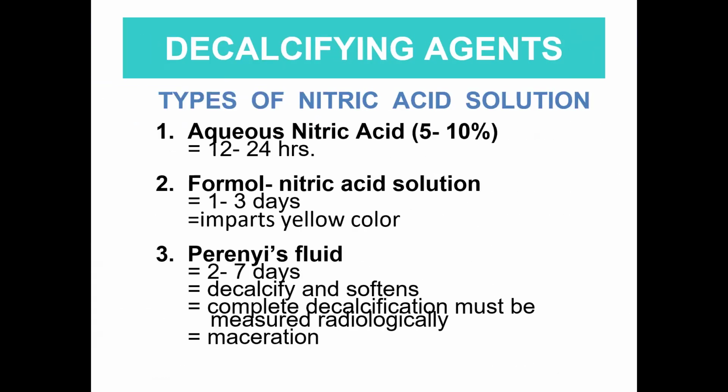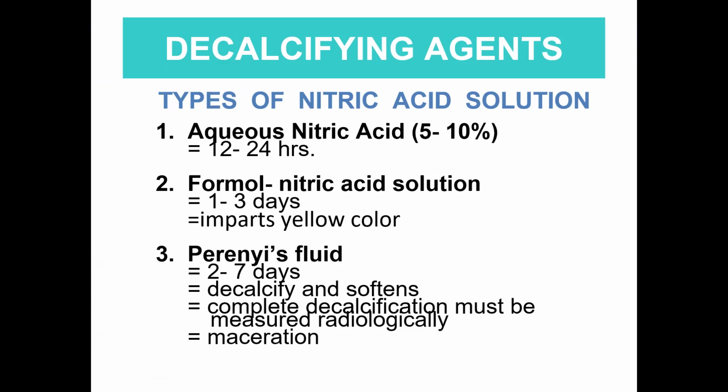We have here the types of nitric acid solution. You have your 5 to 10% aqueous nitric acid, which has a 12 to 24 hours decalcification time. Also, formal nitric acid solution, which imparts yellow color, has a 1 to 3 days decalcification time. You also have Perenyi's fluid, which decalcifies and softens altogether, with a 2 to 7 days decalcification time. Complete decalcification should be measured radiographically, and it causes tissue maceration.